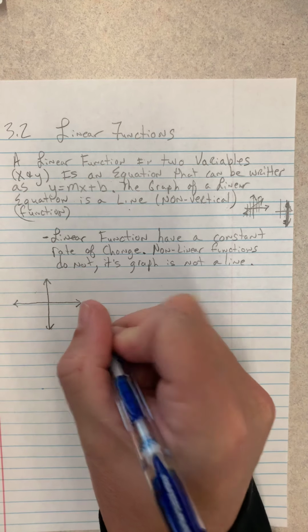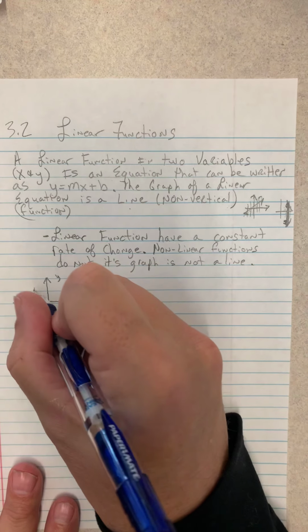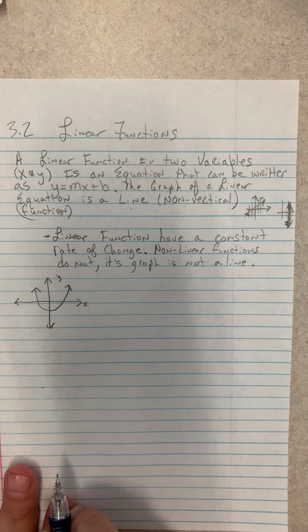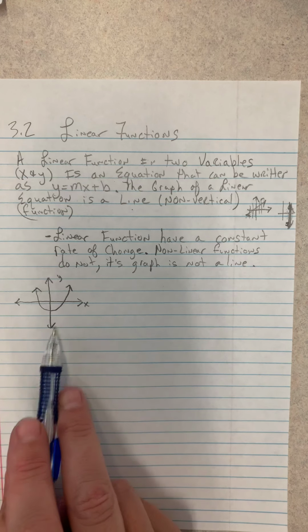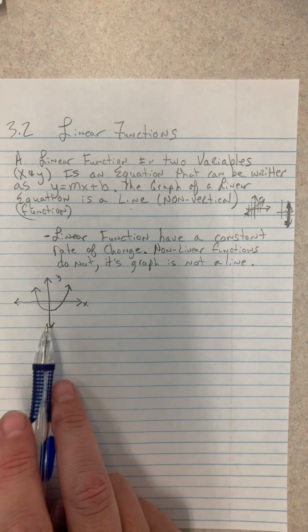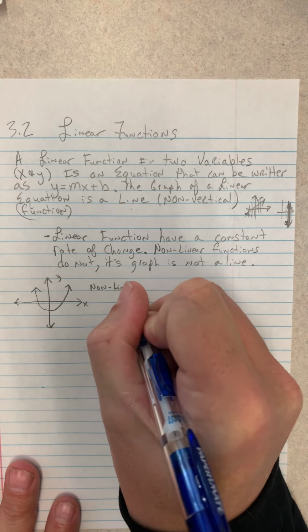Little XY coordinate plane. Have a graph that maybe looks like this. It's certainly a function because it passes the vertical line test, but is it linear? No. It's nonlinear.